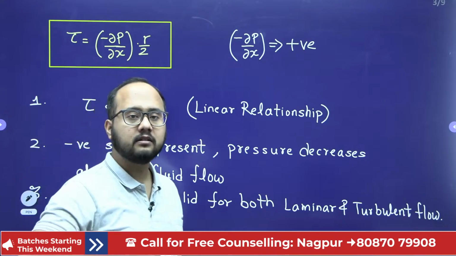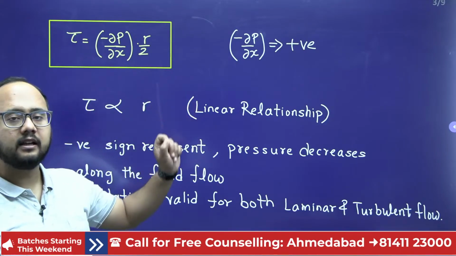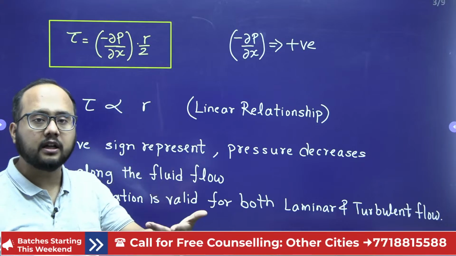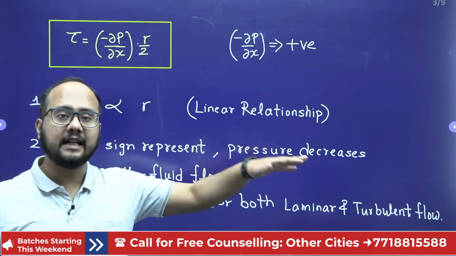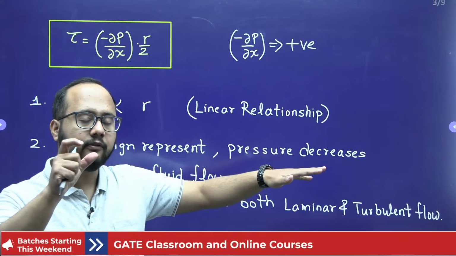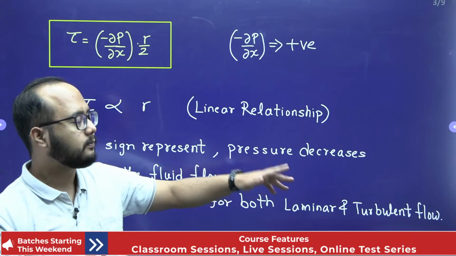If I simply write dou p by dou x, the pressure gradient, it is negative, because during fluid flow the pressure decreases, so the change of pressure will be negative for whatever section we have considered.